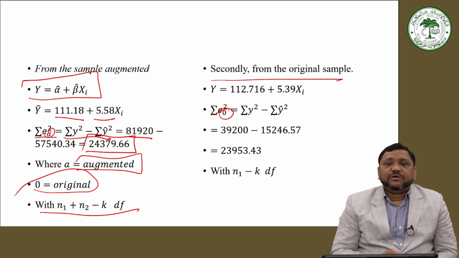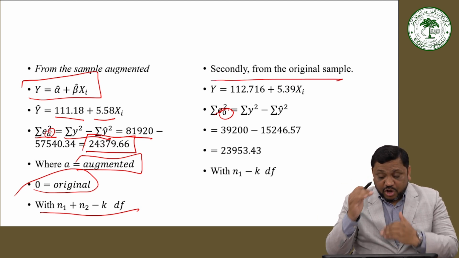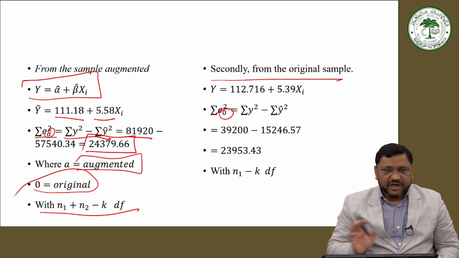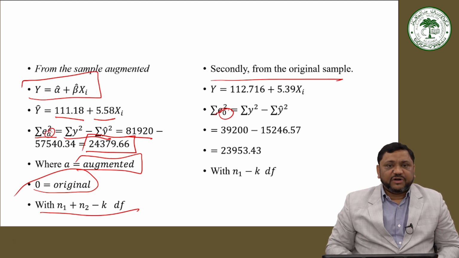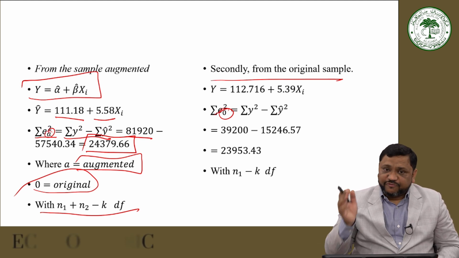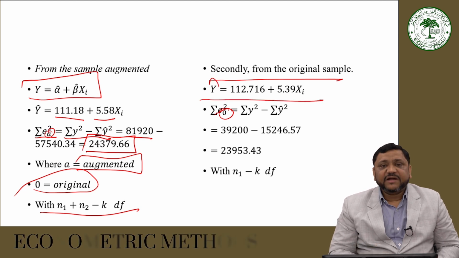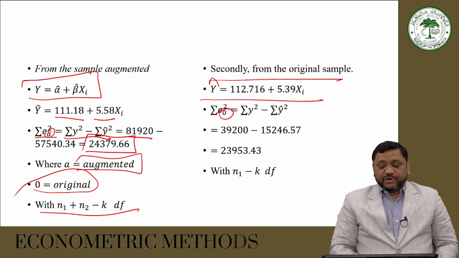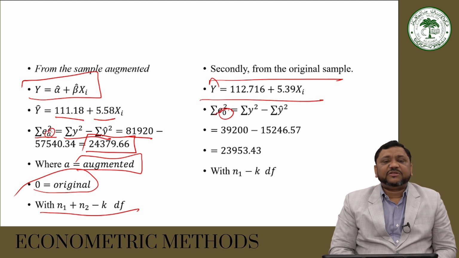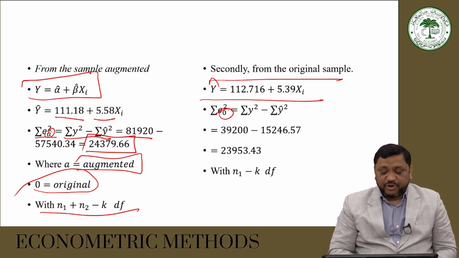Second, from the original sample, meaning only 16 observations, where we have not taken the additional 4 observations, we calculate the value of y hat. The intercept term is 112.716 and the slope coefficient is 5.39.